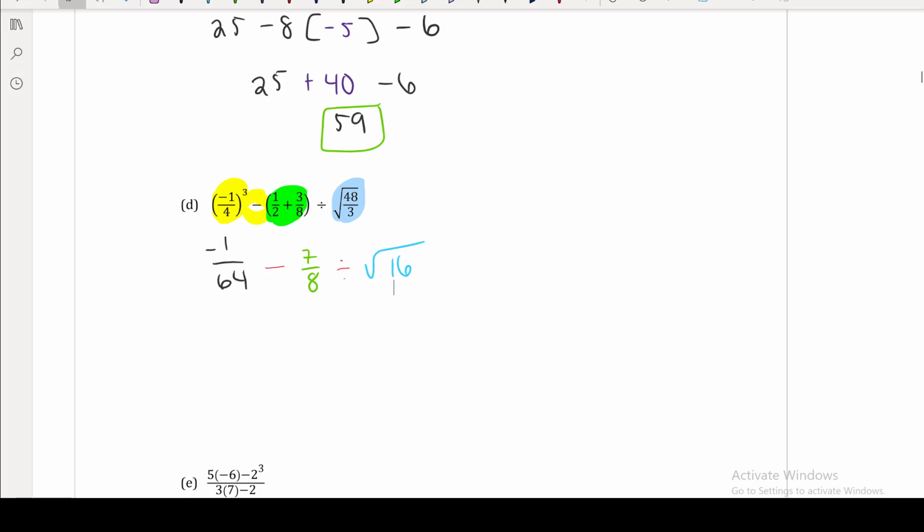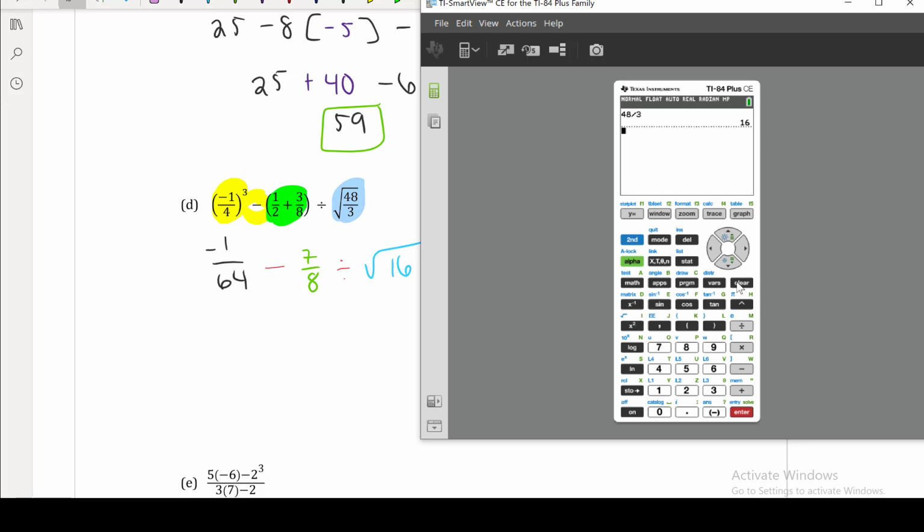So now from here, I can put this all into my calculator. So I'm going to have my fraction, and that's a -1 over 64 minus my fraction of 7/8. And I have the division, and the division is going to be the square root of 16.